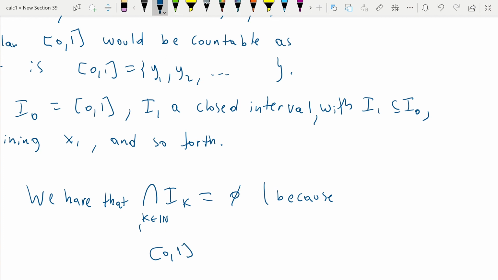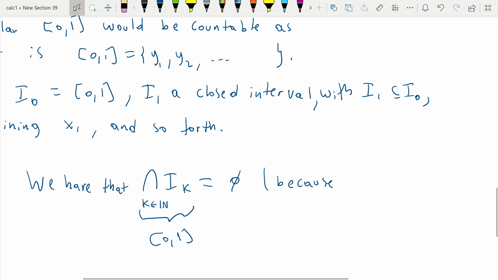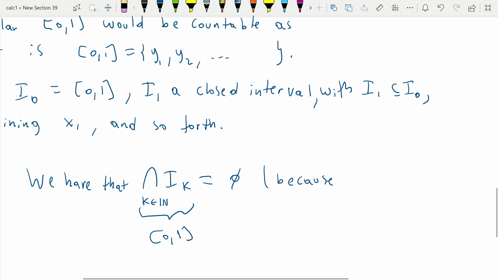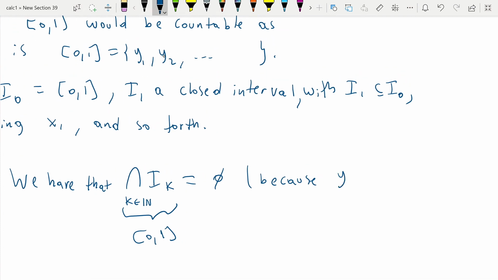The first set is the closed interval 0, 1, and so you have at most all these elements described here in this set. But none of these elements actually belong to the intersection, because if you pick any x sub k, it does not belong to I sub k plus 1. So it cannot belong to the whole intersection.